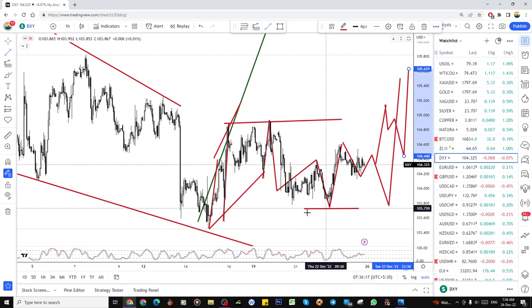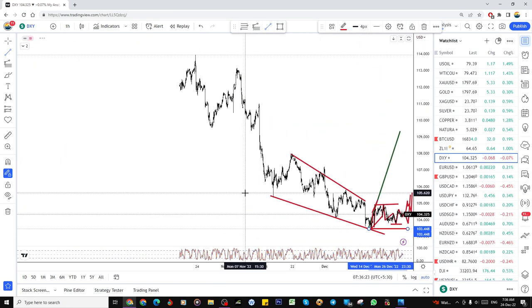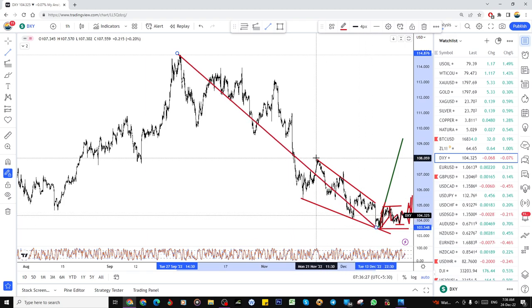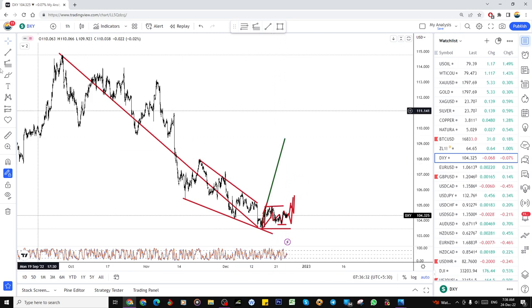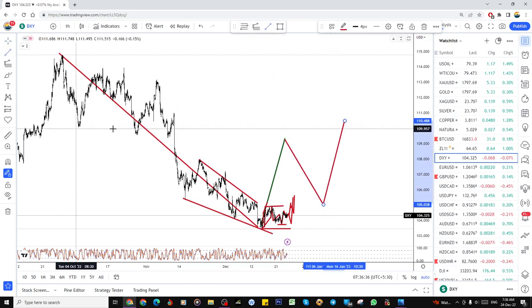Otherwise if it breaks this, and it has no need to break this one. If it breaks this, we are still in the downtrend. So here one correction has been completed. Either it is a bigger correction or a smaller correction, we are expecting the bounce, at least one three-wave structure till here.